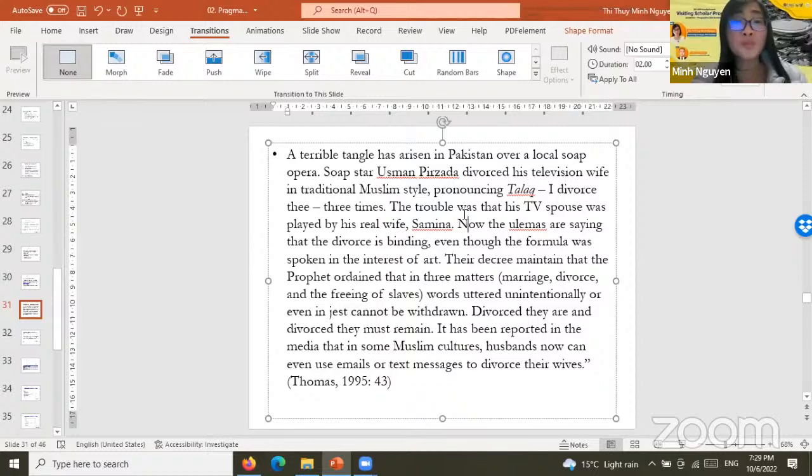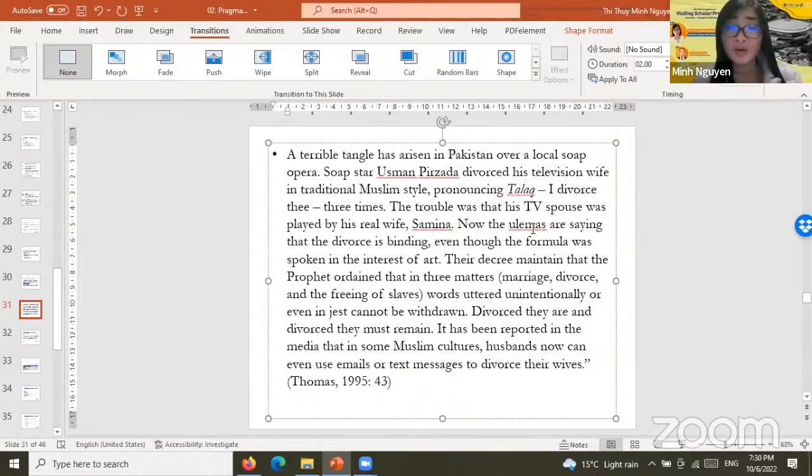The trouble was that his TV spouse was played by his real wife, Samina. So they are real life husband and wife, and they're also husband and wife in the movie. And in the movie, he divorced her by saying talak three times.